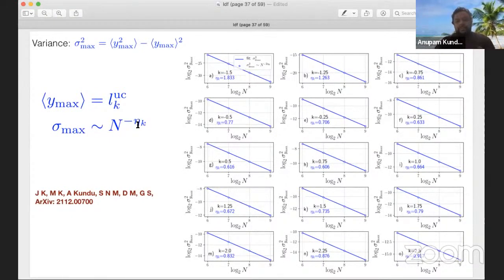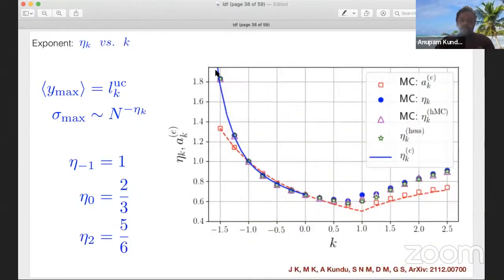The slope of the straight line should give me this, because taking log of both sides, it should be log sigma max equal to minus eta k log n. So in the log sigma max versus log n scale, it should be a straight line, and the slope will be the exponent. From this slope we get the exponents, and we plot this exponent as a function of k, and this is the behavior.